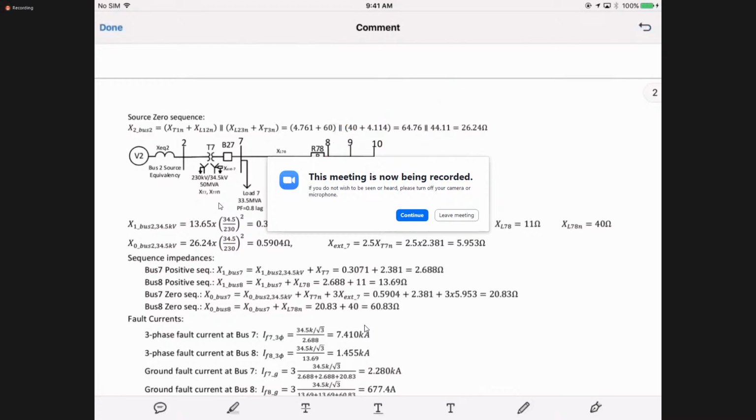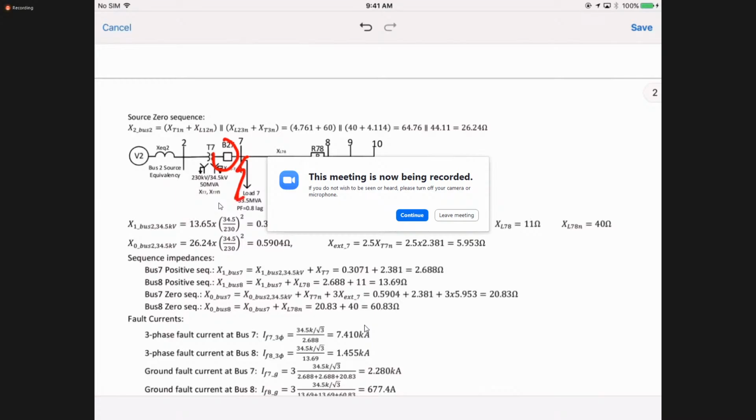The same as a lot of people are talking about: when we calculate things, for this case it is okay. For this case, for the breaker, you calculate the fault here. That's okay.